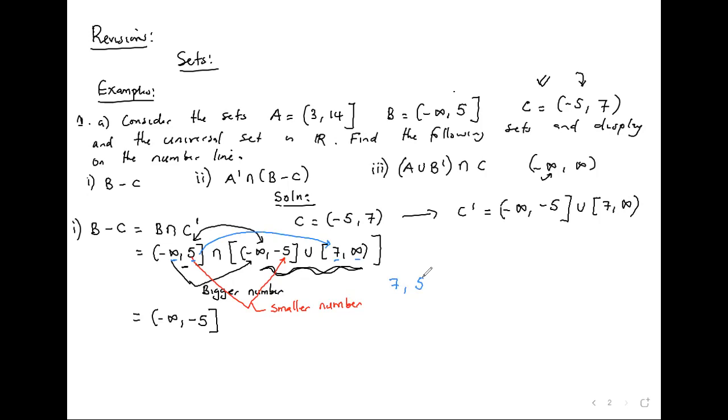It starts with the smaller one to the bigger one. Now this one is attempting to start with the bigger one and then go to the smaller one. So this means that at this point, we have an empty set. So between these 2 intervals, connected by the blue line here, we have an empty set. And because you're getting the union, you're saying union empty set. So what we have then becomes from -infinity up to -5 as the solution.